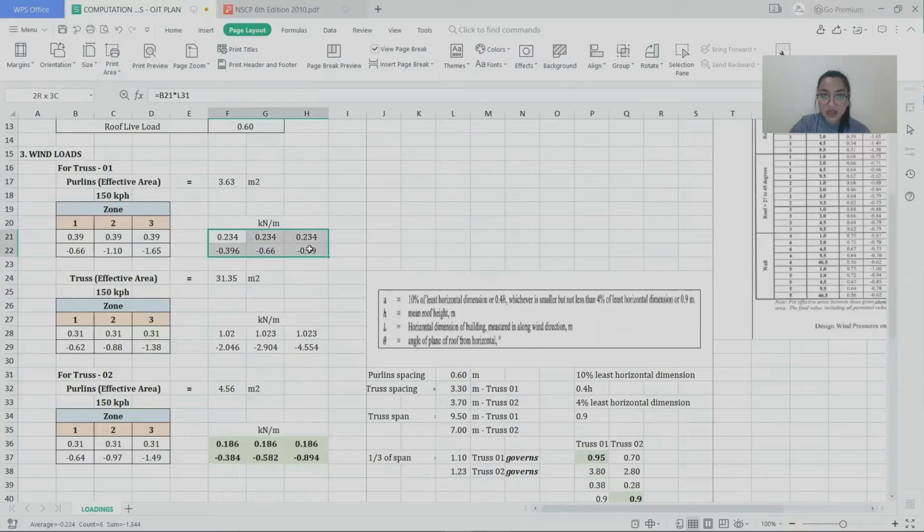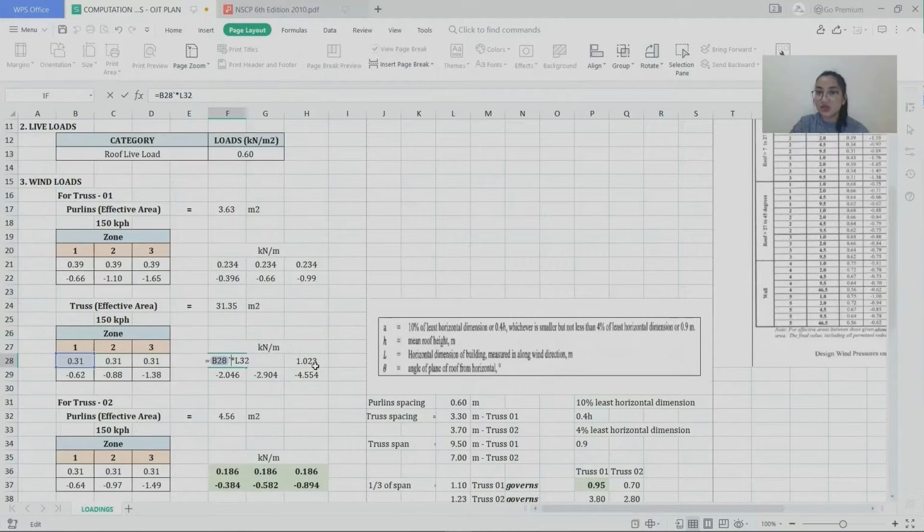Same lang din po siya sa truss wind loads, ganun lang din yung pagkuha. But instead na per purlin spacing, i-multiply sa truss spacing. So that's for the computation of values.